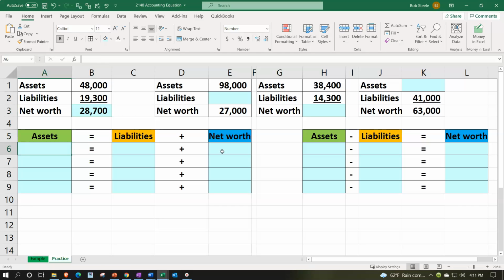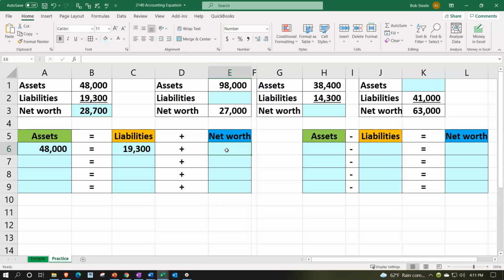You can also, of course, do that in an algebraic format this way. You might write it out this way if you're doing it on a piece of paper. Algebraically, we say assets of the 48,000 equals the liabilities, 19,300, plus the equity, which I can calculate. Assets equal liabilities plus equity or net worth.